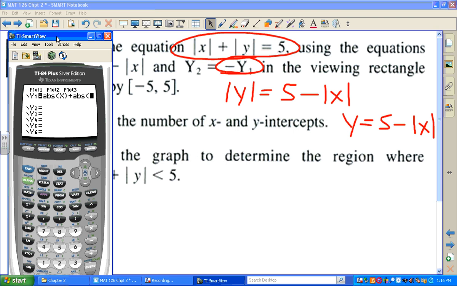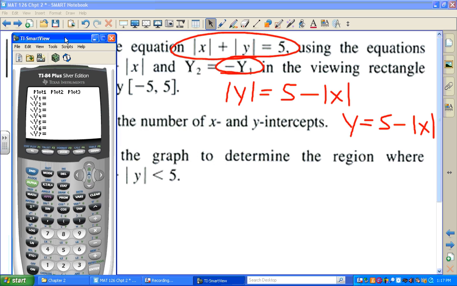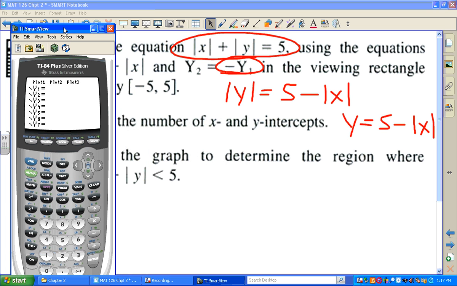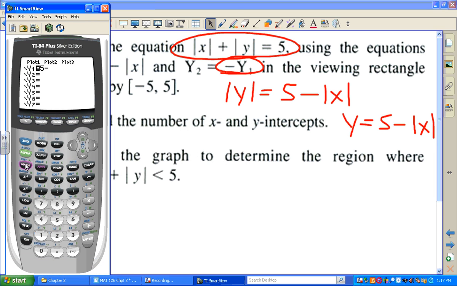So, y equals the absolute, let's clear this off. Clear. All right, 5 minus the absolute value of x. 5 minus the absolute value, math, of x. And then y2 is the opposite. Go to vars, which is next to program. Hit that button.